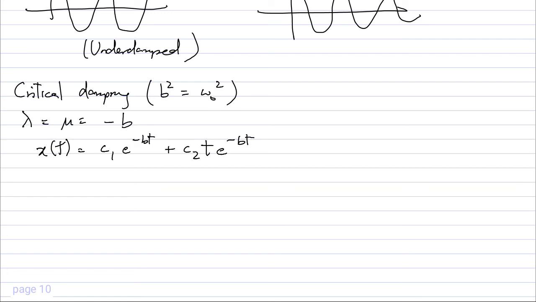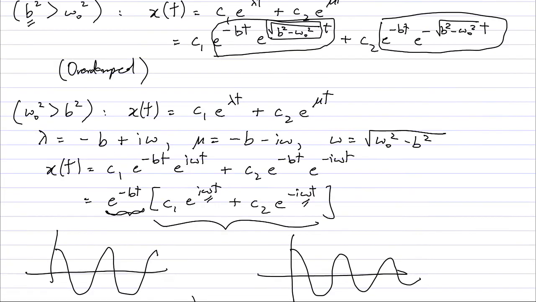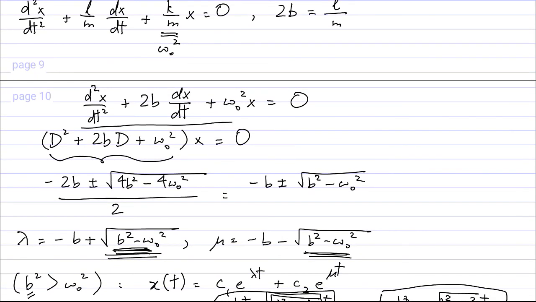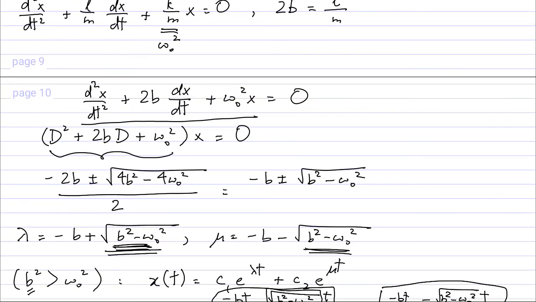So the mass experiencing this damping force, as well as the spring force, does not execute any oscillatory motion, rather it returns to equilibrium without undergoing any oscillation. But keep in mind that the differential equation that you saw over here, you see a very similar differential equation in many other contexts as well.